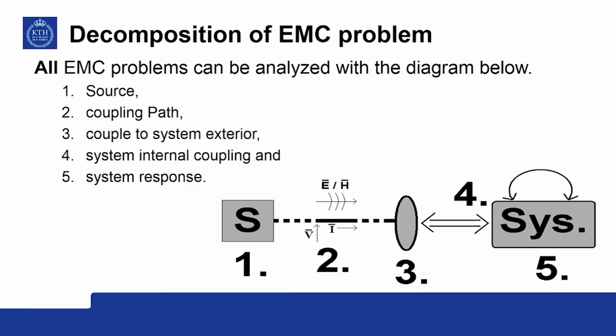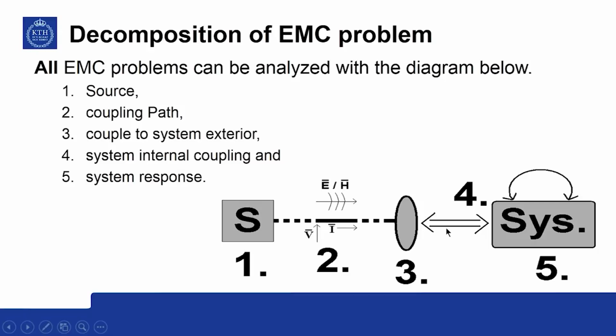Now, to decompose the problem in more detail, for example, you have the source here, number 1, and the coupling path to the victim here, 3, 4, 5 are the victim system, and the victim may have an interior as well as an exterior. So, there is coupling to the exterior and from there to the interior.